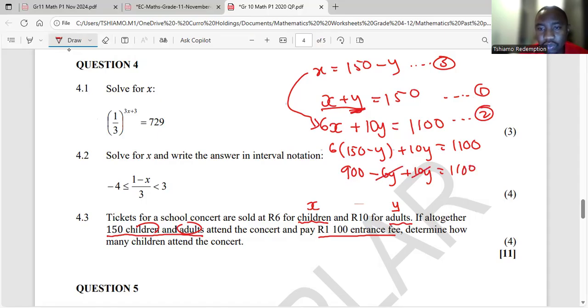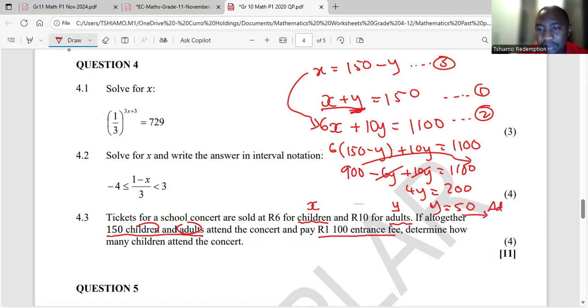These two, minus 6y plus 10y, are like terms giving us 4y. Take that to the other side. 1,100 minus 900 gives you 200. Divide 200 by 4, and y equals to 50.